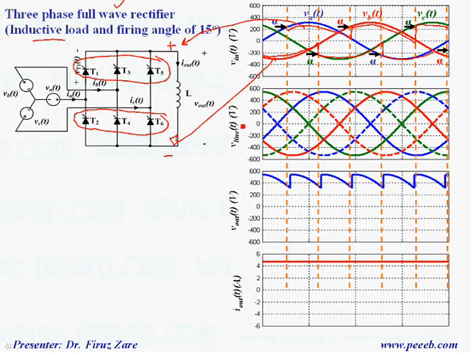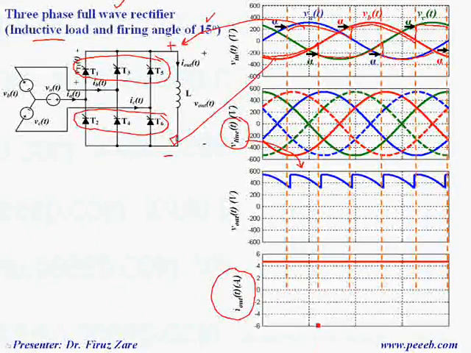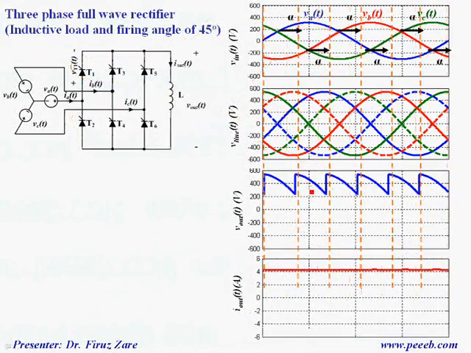So that means a portion of the line voltage appears across the load, and the point is that because the output current is continuous, at different firing angles we have continuous current. That means we have a continuous voltage waveform. For example, if you look at another voltage waveform when the firing angle is 45, similar to a resistive load, because the output voltage is not getting negative, we still have a continuous voltage waveform.